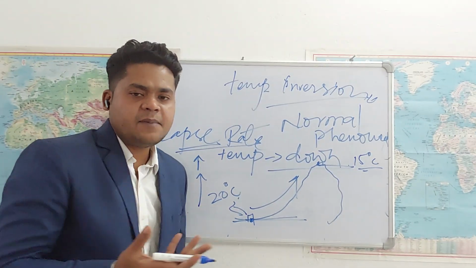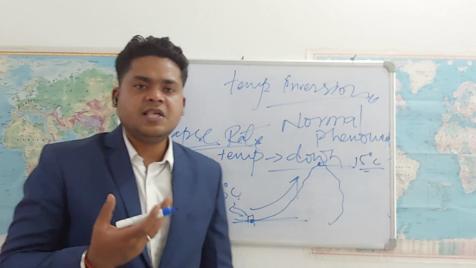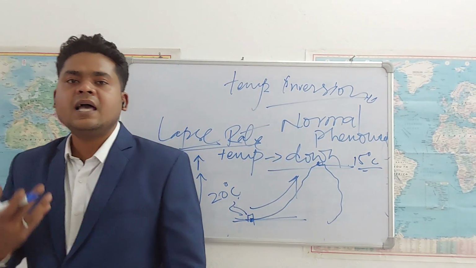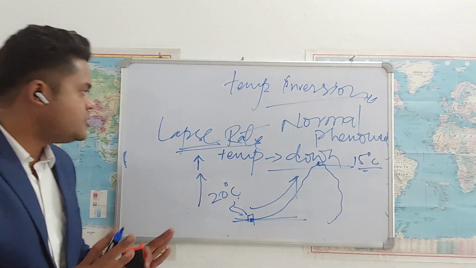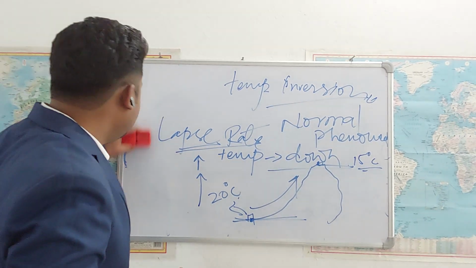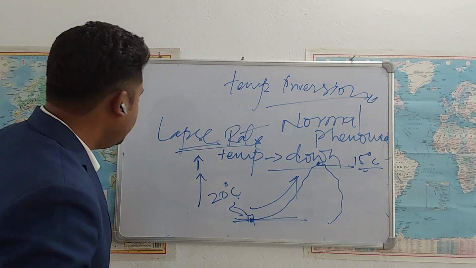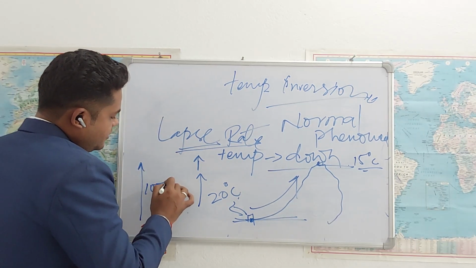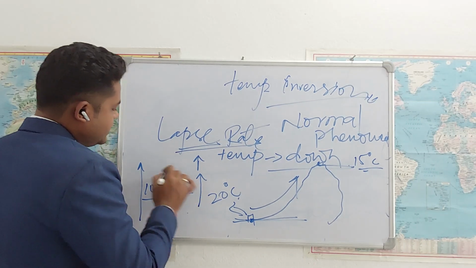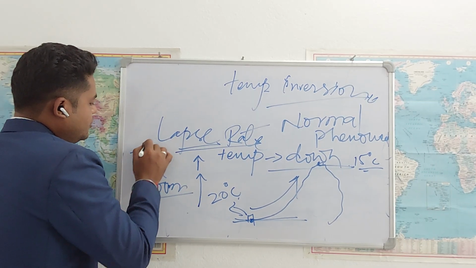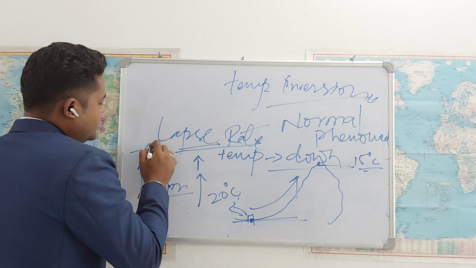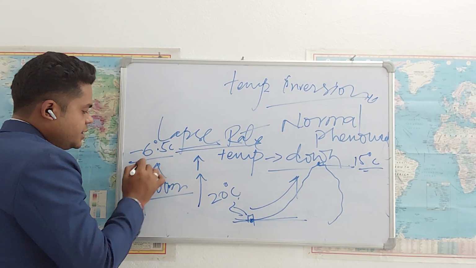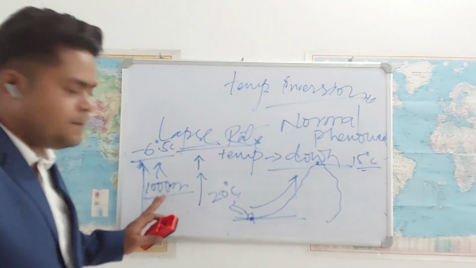So what is lapse rate? Lapse rate is the change in temperature of the atmosphere with its altitude. Understood? Generally, if you go 1000 meters above the surface, on average the temperature will drop 6.5 degrees Celsius with each 1000 meters.